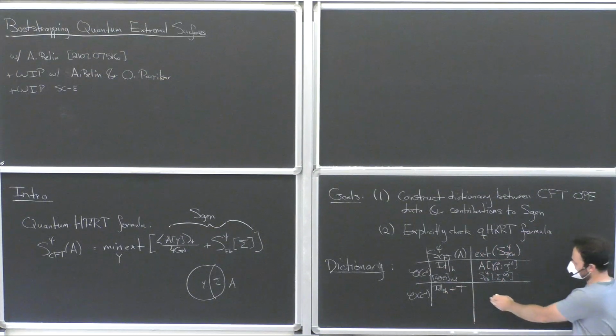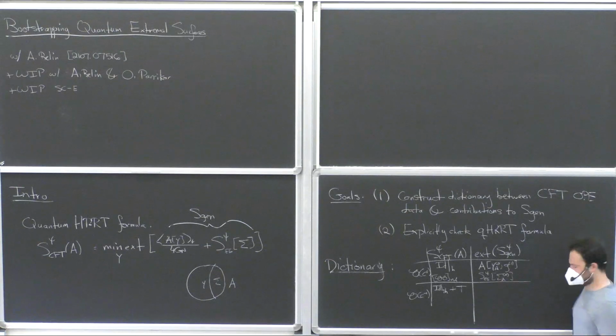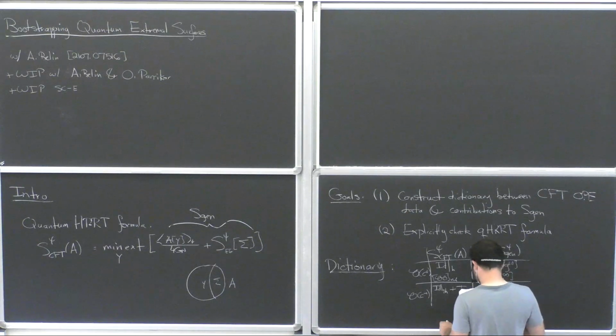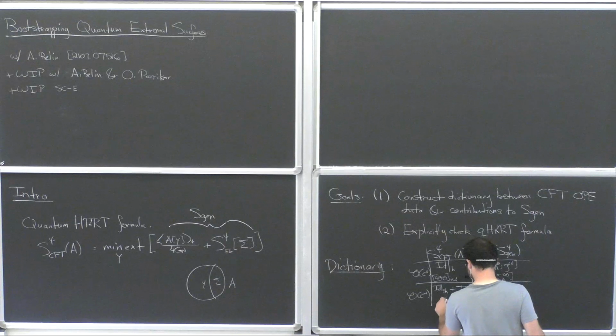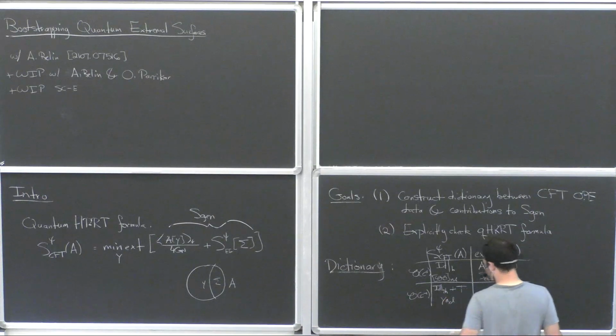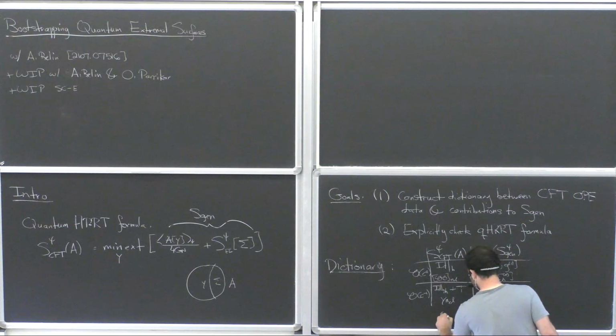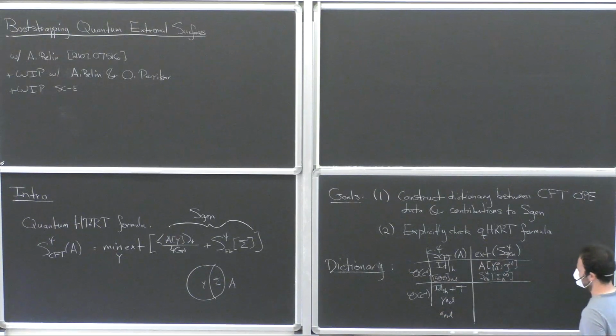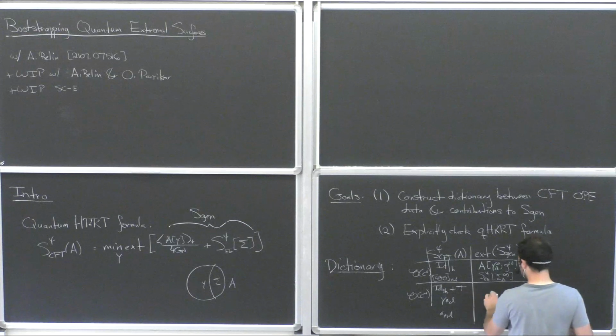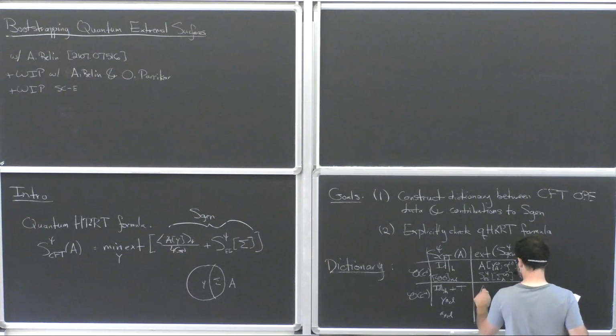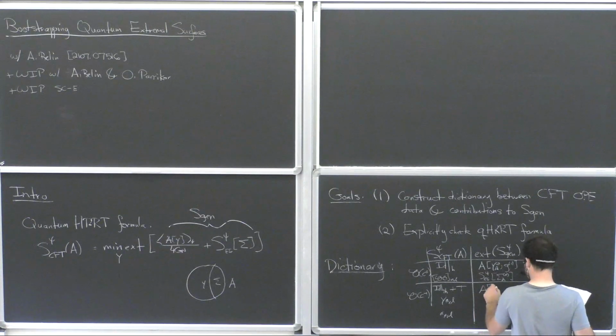This is just the global block in 2D, okay? There's anomalous dimensions of these double trace operators, and then there's corrections to their OPE coefficients. Okay, and this corresponds in the bulk to corrections to the area term.